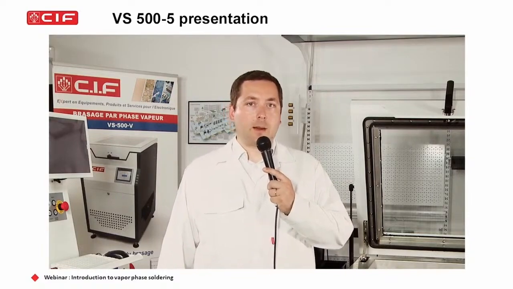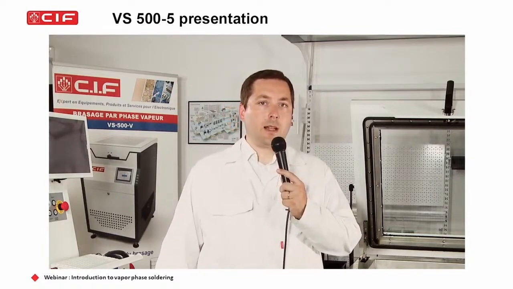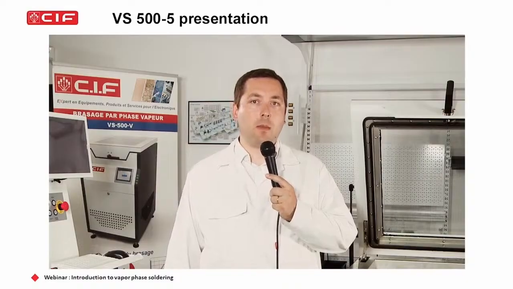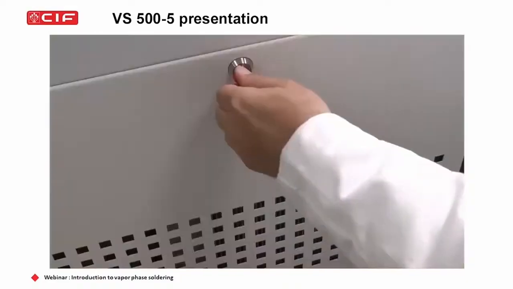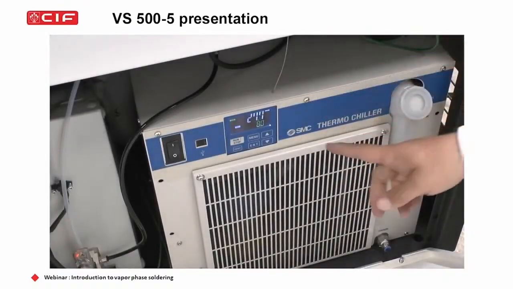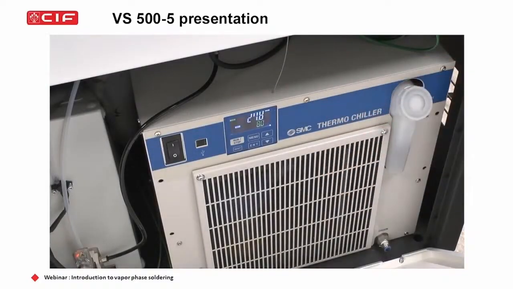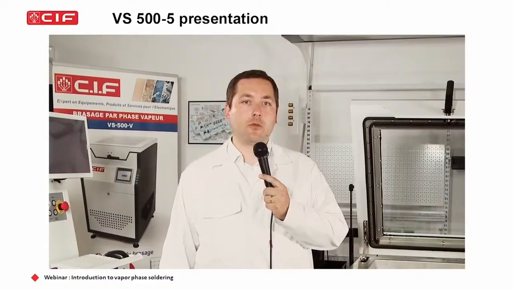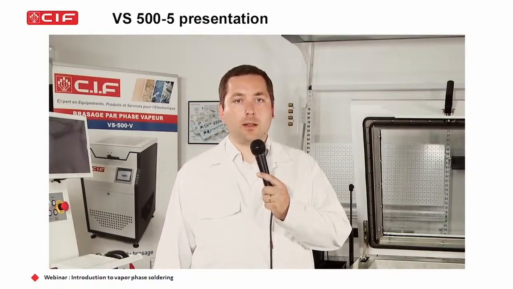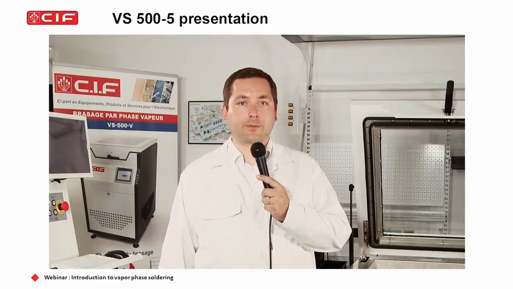So then, the key element for a good vapor phase process lies mainly in the chiller. We are using the chiller to constantly cool the top of the tank, even during the heating process, to create a really high pressure area to make pressure on the heated Galden.